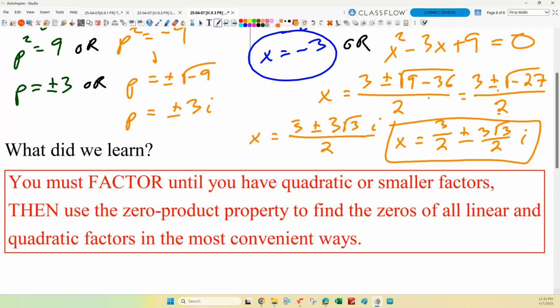Notice that 2 of them are complex conjugate pairs. Remember, that always happens. Complex solutions with imaginary parts always come in complex conjugate pairs. Give me thumbs. Are those complex conjugate pairs? Plus or minus 3i? Yeah. Because really, that's just 0 plus 3i and 0 minus 3i, isn't it?